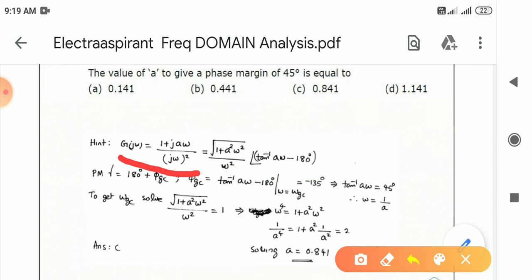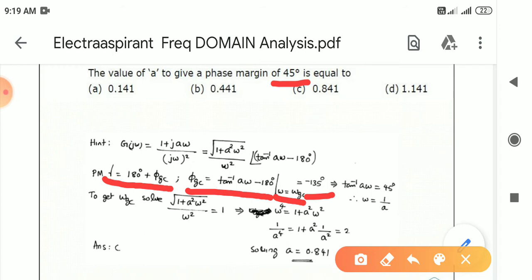Now we know the phase margin is defined as gamma equal to 180 degrees plus phi gc, where phi gc is the angle at omega equal to omega gc, and to get the phase margin as 45 degrees, phi gc should be minus 135 degrees.